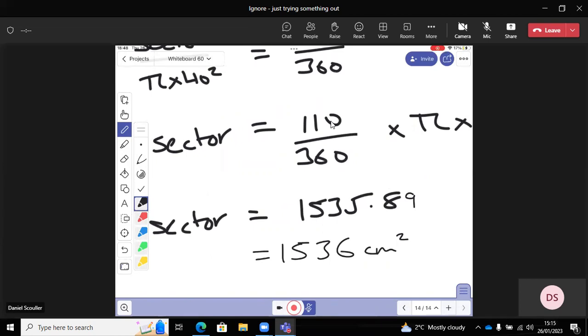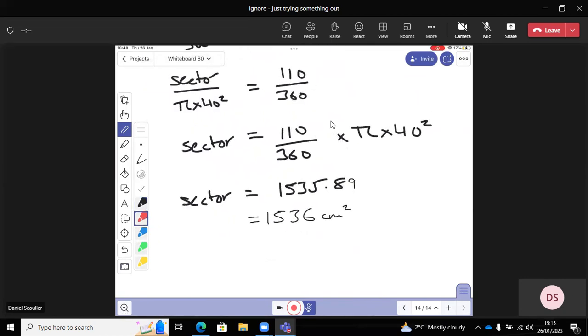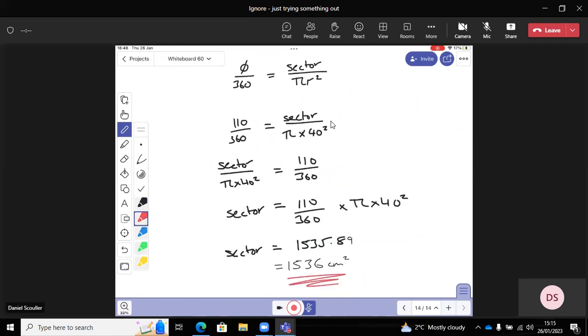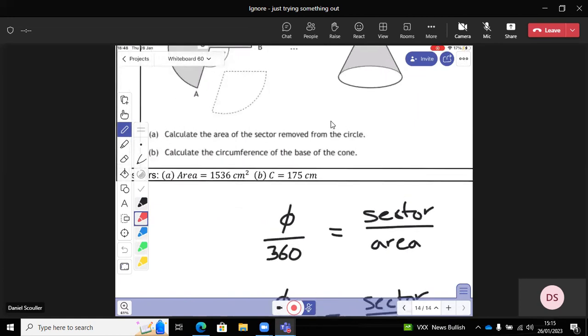A length will just be the unit, centimetres. An area, centimetres squared. A volume would be centimetres cubed. Just bear that in mind. So that's part A. Nice and easy, hopefully. Okay, let's look at part B.